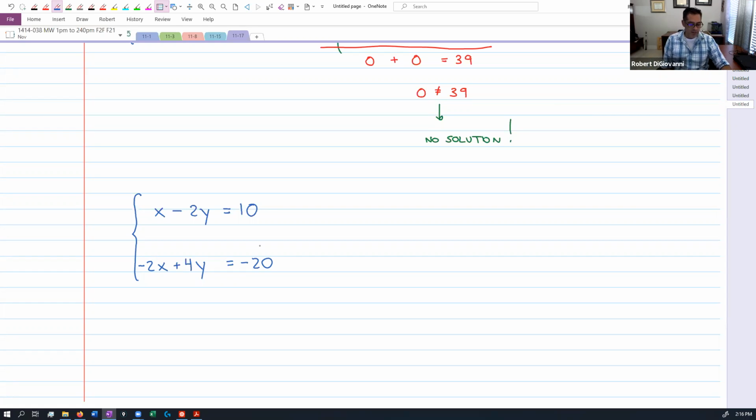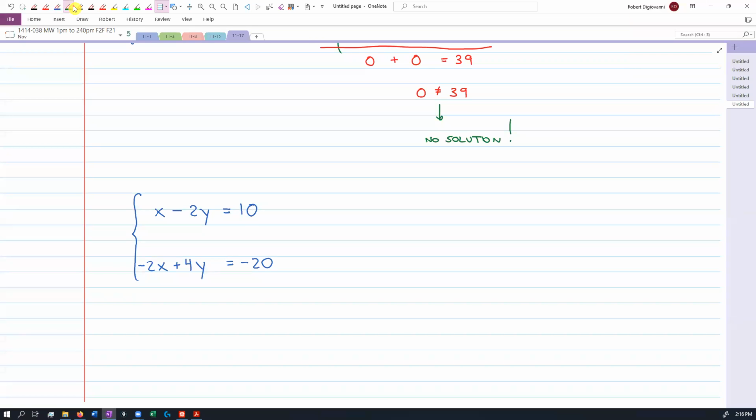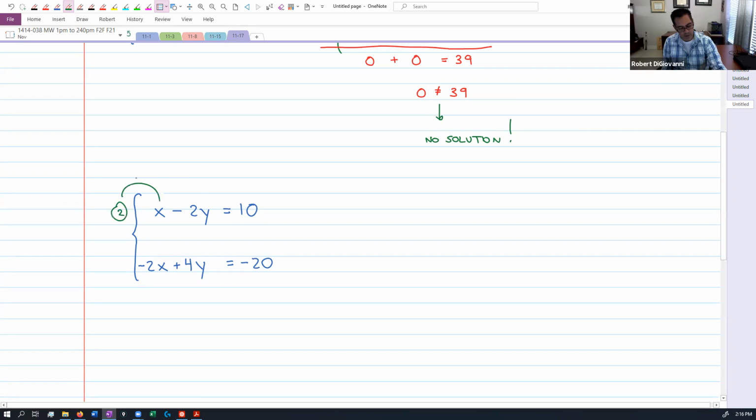Try elimination. Try and make the x's go away. How could you make the x's go away? Times 2 for the top. All right, let's do it. We get 2x minus 4y equals 20.